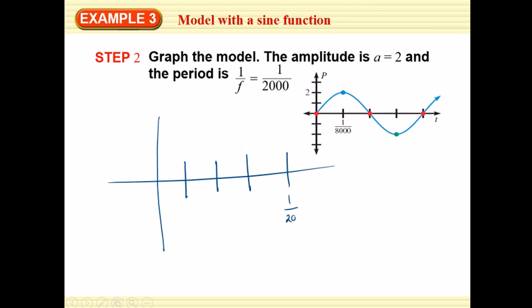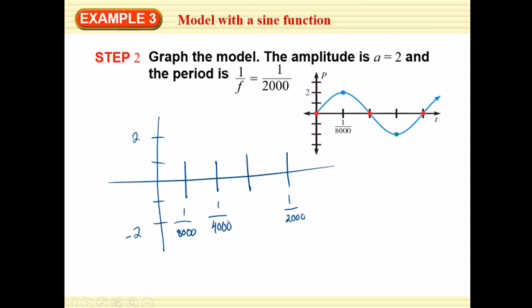So here's 1 over 2000. I chop that in half, and I get 1 over 4000. And I chop that in half again, 1 over 8000. It doesn't have to be beautiful, and then we know it goes up 1, 2, so it's going to go down 1, 2 to negative 2.